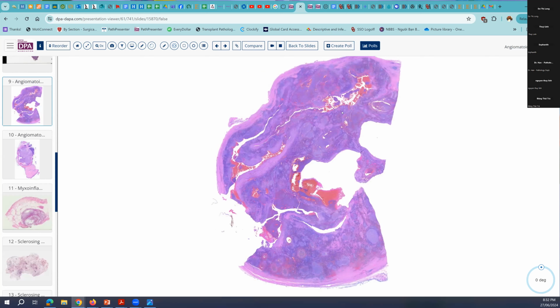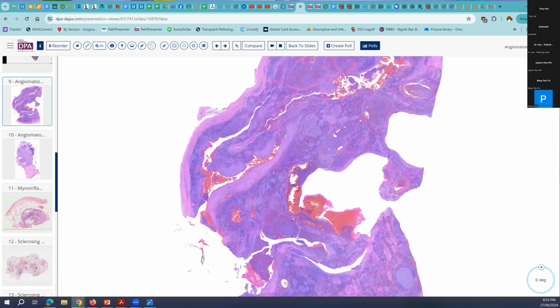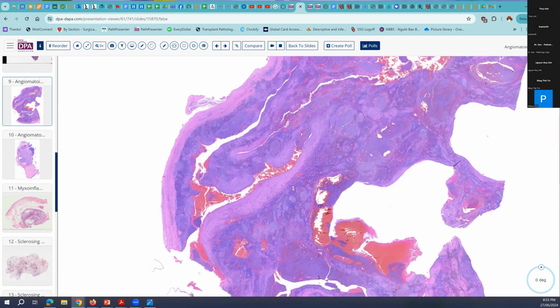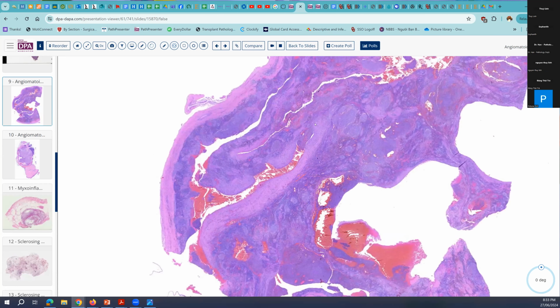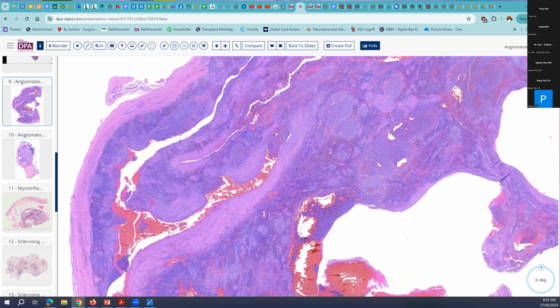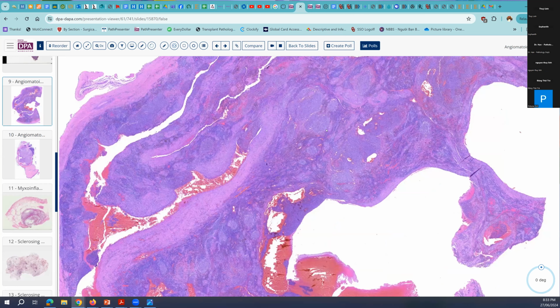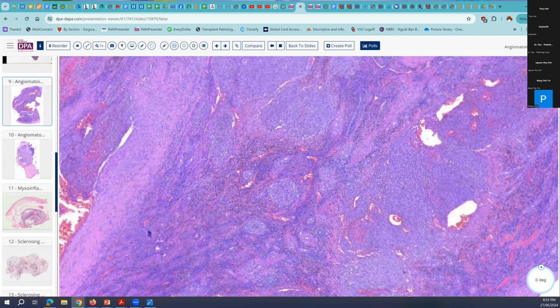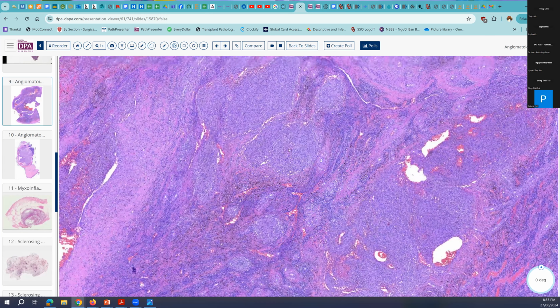So here's an example of this tumor. As you see, it tends to have quite an inflammatory component to it. In this lesion, it's partly cystic and partly solid, and it's somewhat nodular.